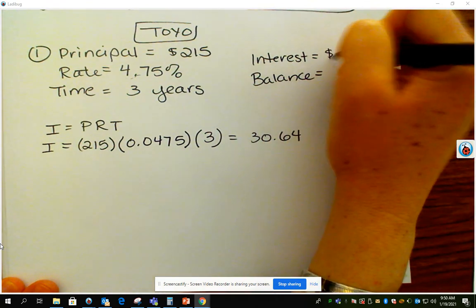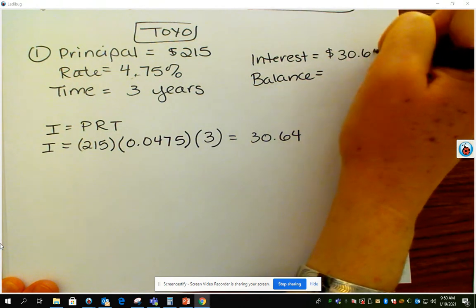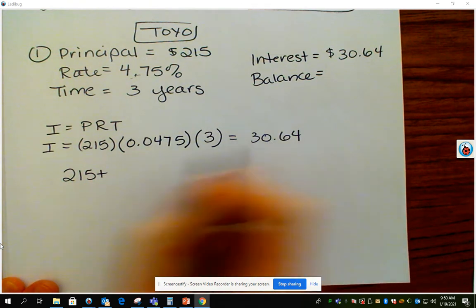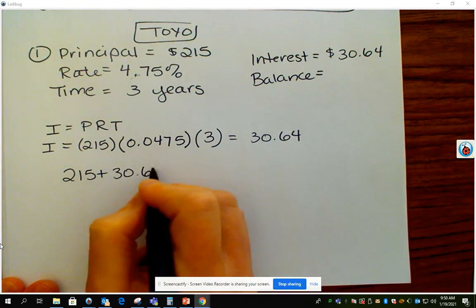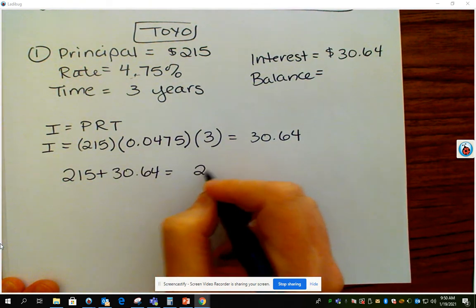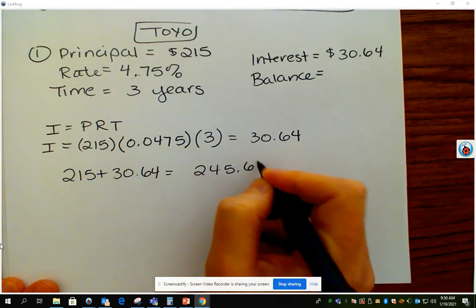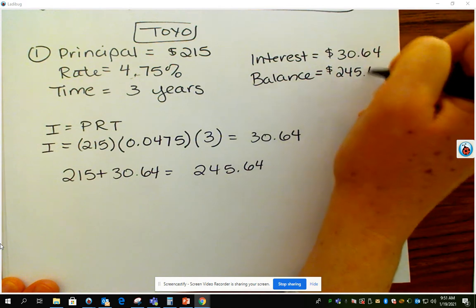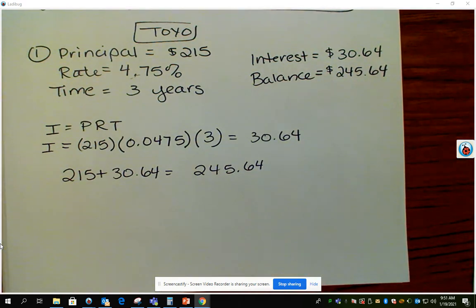That's our interest. And then remember, our balance is the principal plus the interest. So when we add those together, we'll get $245.64. All right, let's try another one.